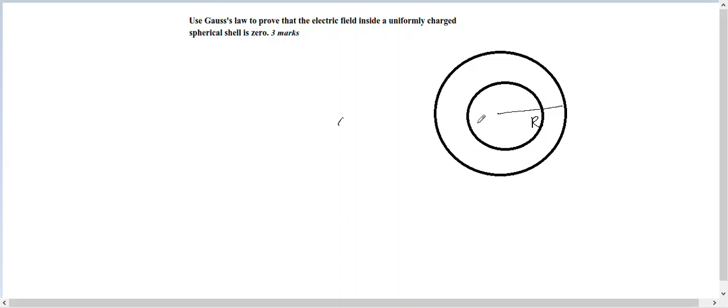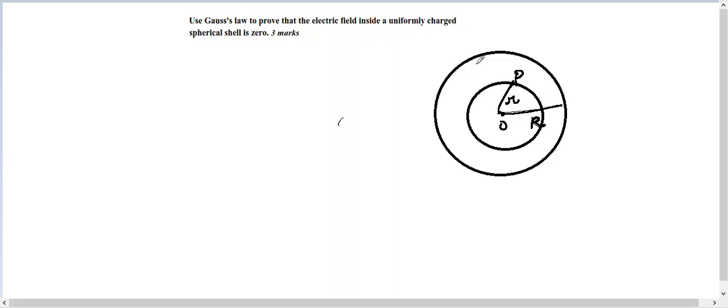Let this be the center of the sphere O and let this be some random point P inside the shell, and it has a radius of small r. This was our capital R, that is the radius of the main shell.